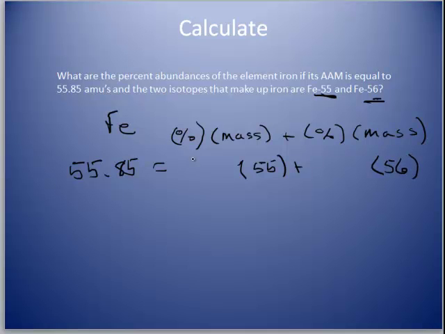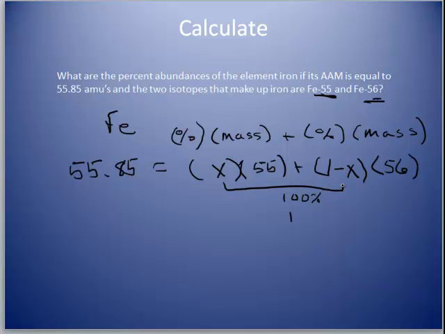Now the question becomes, what are the percentages? Well, the two percentages have to add up to 100%, which in decimal form we write as 1. So if we call the one percentage x, the other percentage has to be 100% minus x, or 1 minus x. It doesn't matter which one we call x.